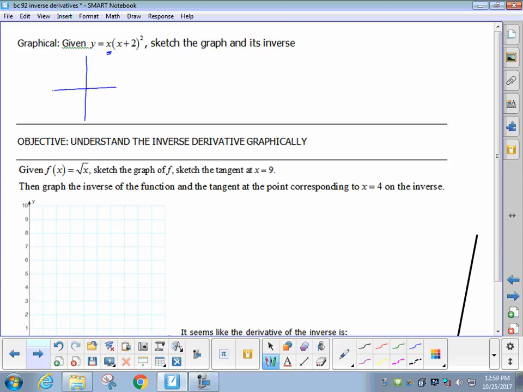A root at 0 and a double root at negative 2, and what happens graphically at negative 2? Why does it do that? Because it's a double root. That's just kind of answering the question with the same thing. Why does it bounce, not pass through?